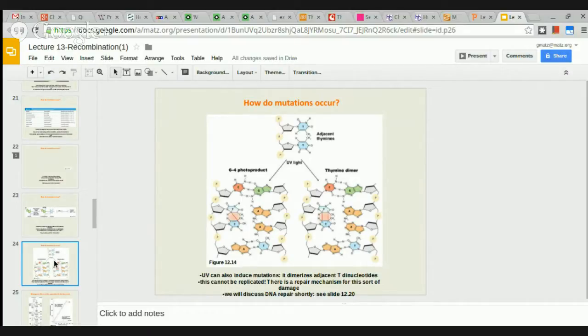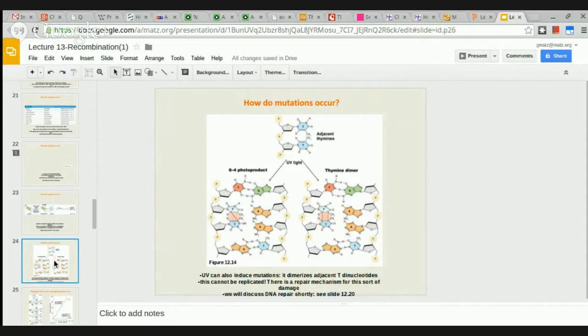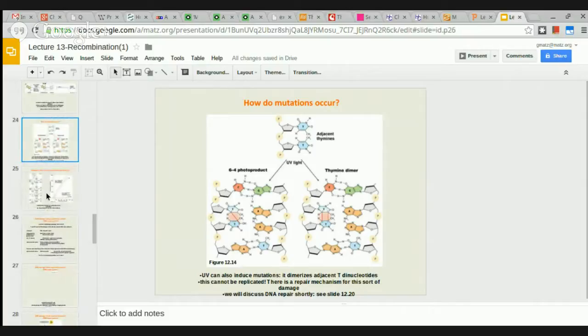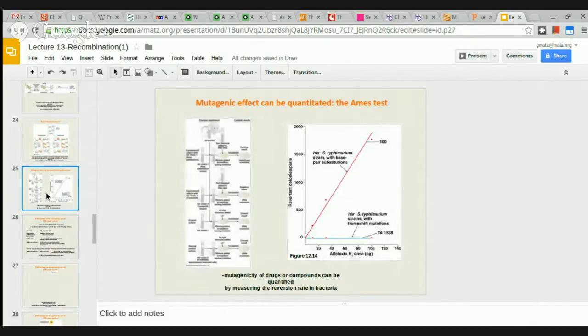Just a quick note, there's actually a test called the Ames test, which in fact quantifies the mutagenicity of certain compounds.